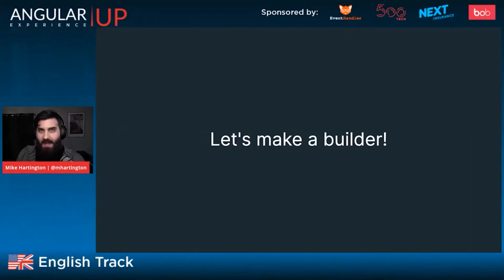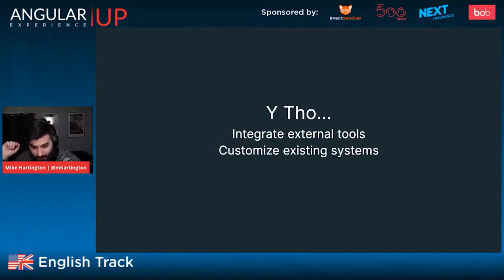So let's dive in and make a builder to see the details. First, why do we need to do this? Why do we really care? If you think about what the CLI does, it definitely does not cover every single use case. Yes, it gives you our build tools, our dev servers, our testing frameworks, but what about image optimization? What about other analytics or different deploy targets?